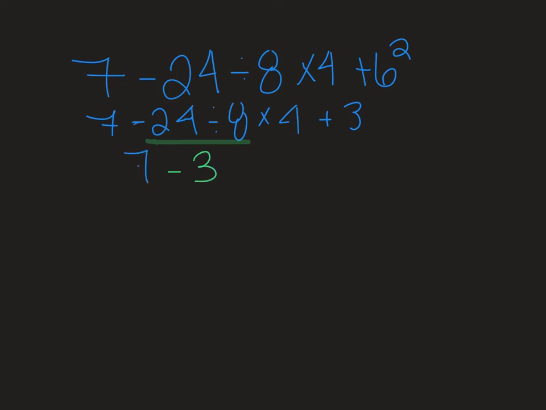And then I need to bring down all those other pieces. And then you want to do the multiplication. So that's our next step. So negative 3 times 4 gives you negative 12. And then bring down those other pieces.